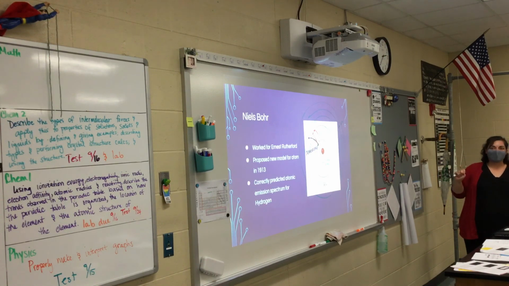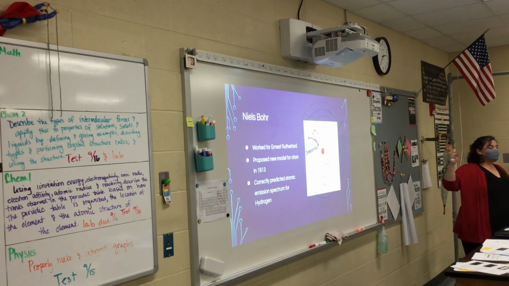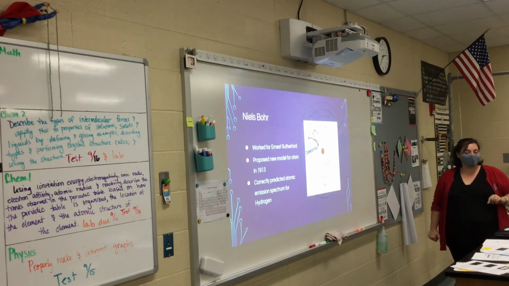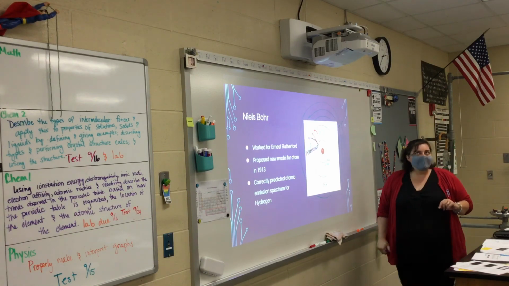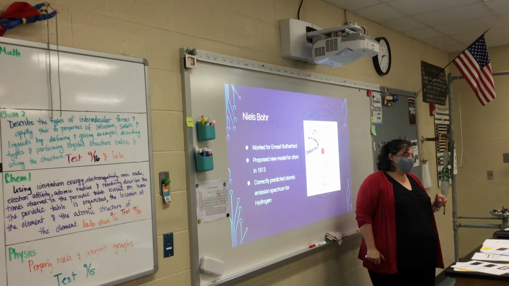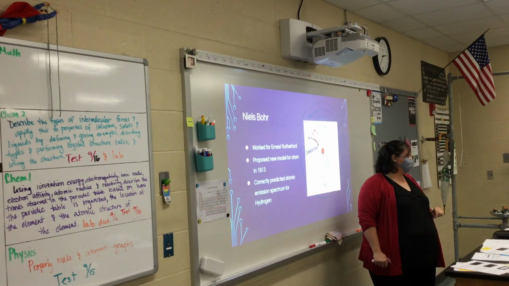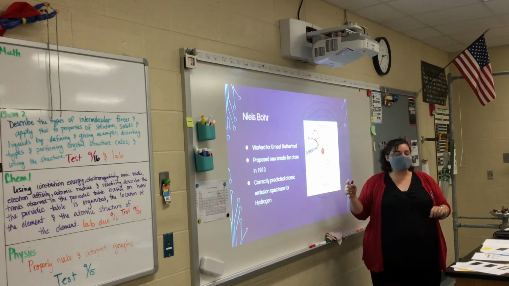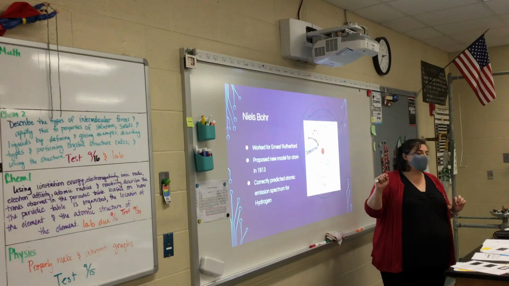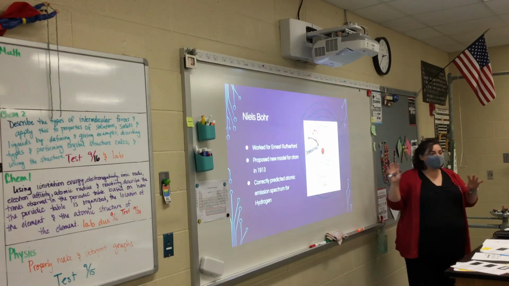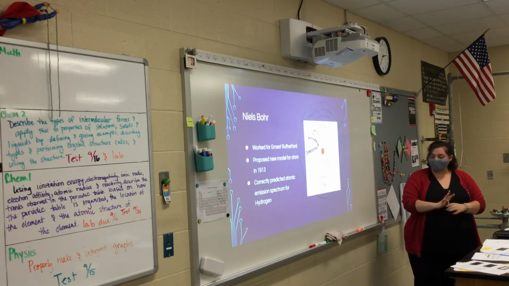Okay, so after all of this information came out, we knew that Bohr's model was a better model than Rutherford's, but it still wasn't the model. However, we use Bohr models as a teaching tool because they do a good job of tracking things for us.